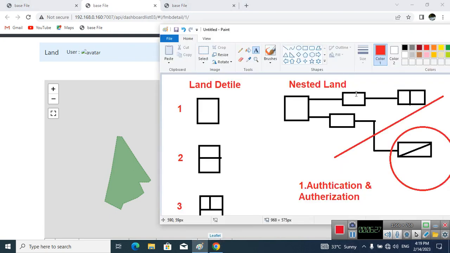Based on his land records he does the partition, meaning he wants two pieces from the existing land cover, and it is converted into a nested child land record. We need to look back at the parent land cover for a certain time period: in 2023 he did the partition and gave it to his child.